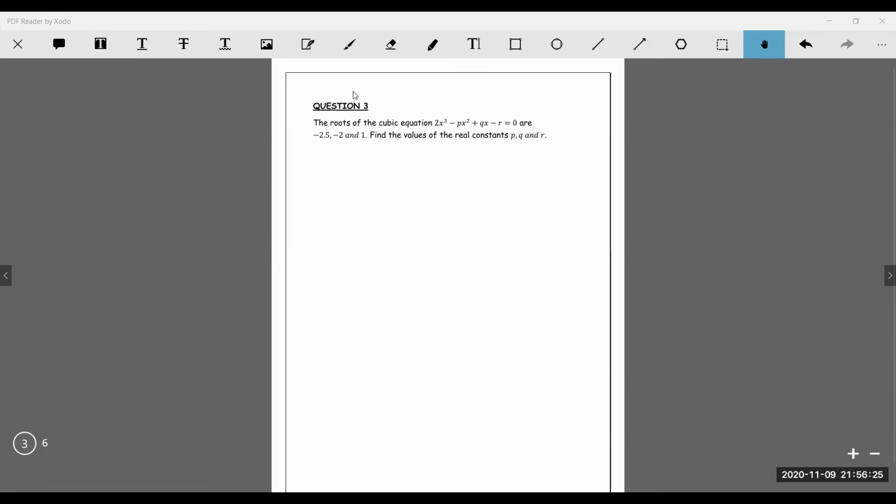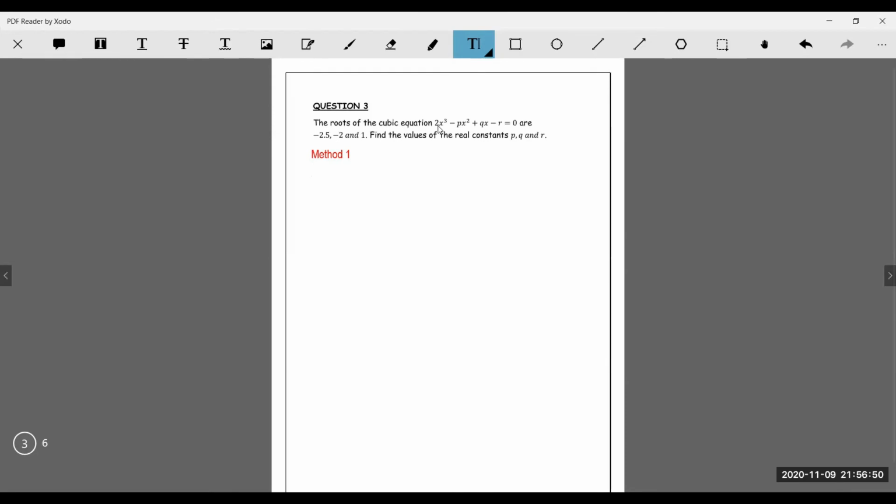Now to do this question, we can use factor and remainder theorem, or we can use sums and products of roots. Now let's do it both ways. This is method 1, using sums and products of roots.